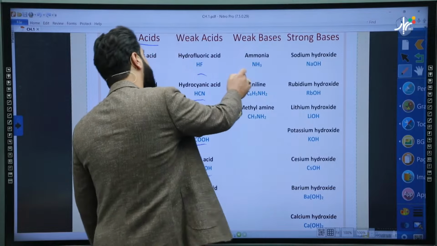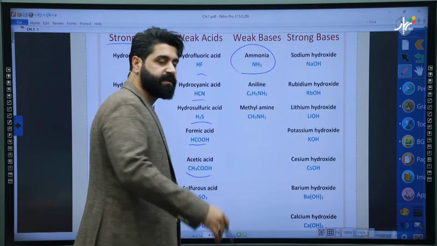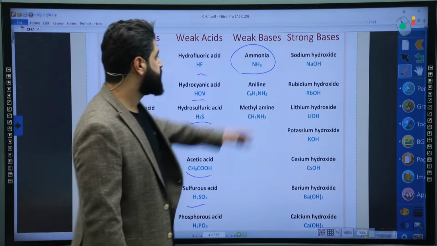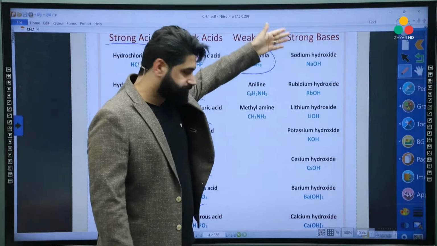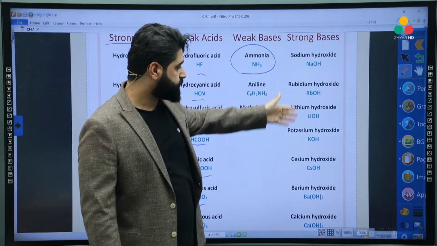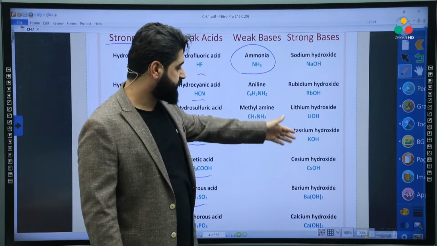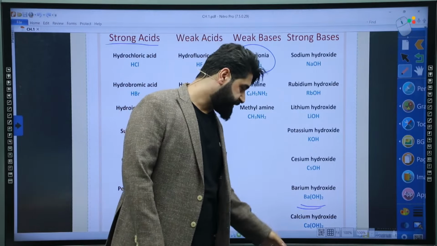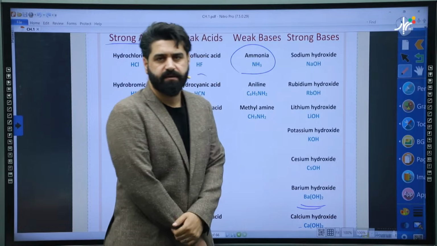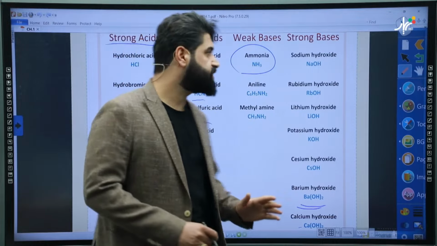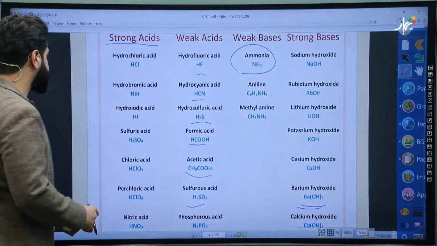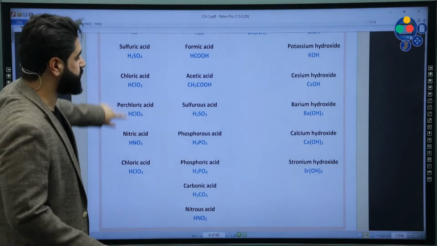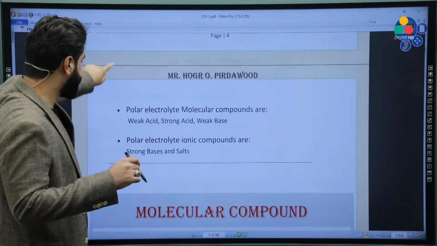For now, only memorize ammonia as a weak base; later we will learn about aniline and methylamine. Strong bases: sodium hydroxide, rubidium hydroxide, lithium hydroxide, potassium hydroxide, barium hydroxide, calcium hydroxide. Memorize each of them carefully. This is not all of them, but please memorize them.